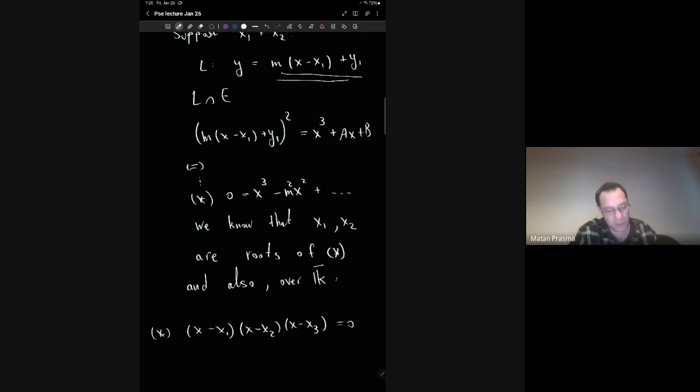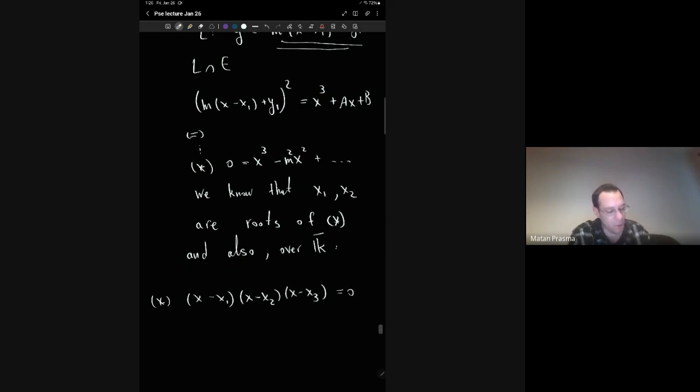Okay, it's the same. It's just another representation of this equation that, at least a priori, we only know is valid over the algebraic closure. But if you open this up, this is equivalent to saying, and this is always true in a cubic, that you get x cubed minus (x1 plus x2 plus x3) x squared plus some other terms equals 0.